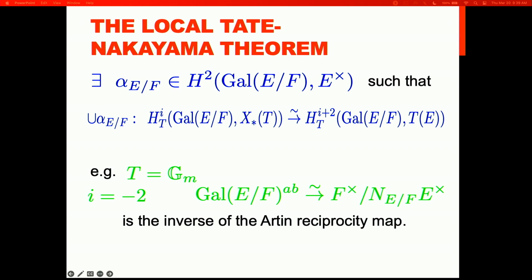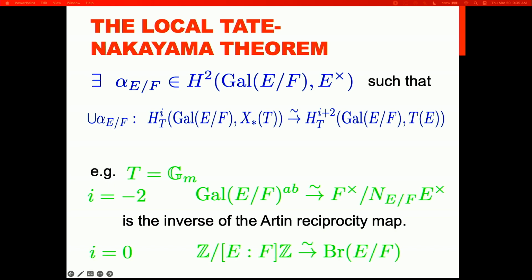And on the other side, I get Tate H^0, which, if you remember the definition on the previous slide, is the Galois invariants of E cross, which is F cross, modulo the image of the trace, which in this multiplicative case is the image of the norm map. So the Tate-Nakayama theorem specializes to an isomorphism between the abelianized Galois group and the multiplicative group of the field F modulo the norms, which is, of course, just the inverse of the Artin reciprocity map.